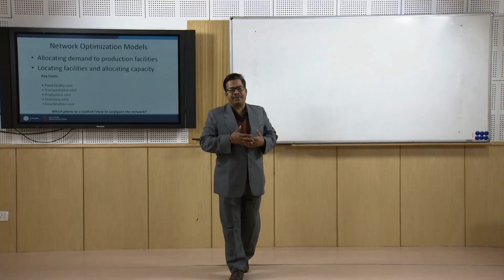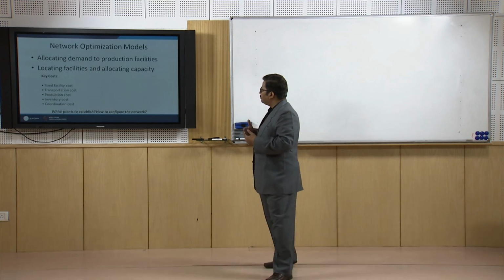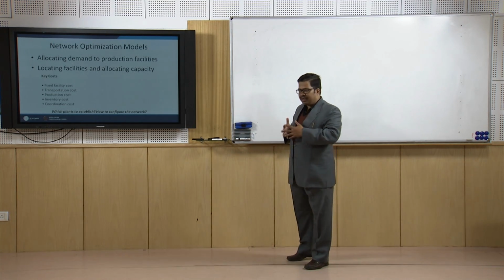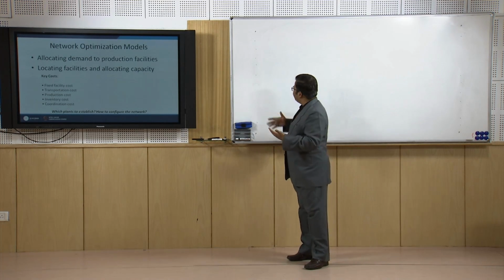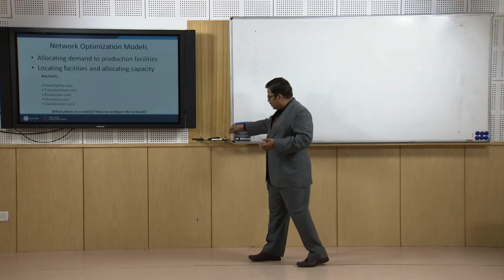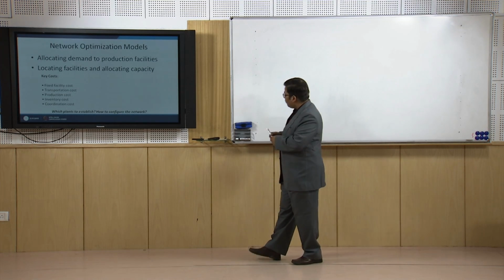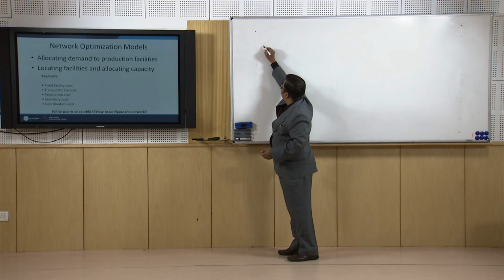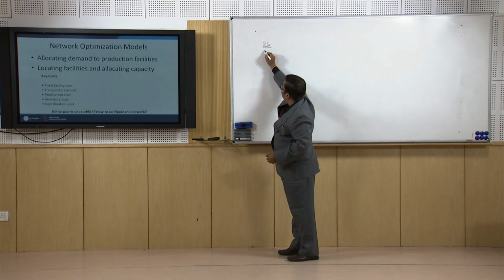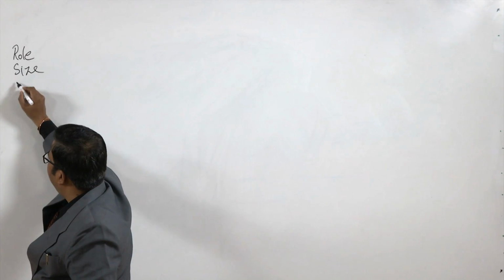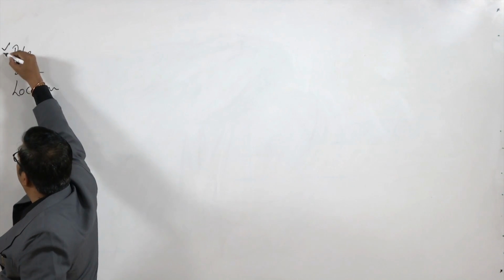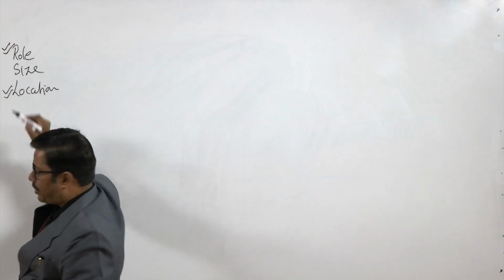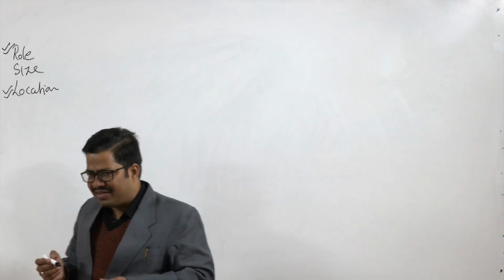Now moving further, we want to look at an interesting issue related to allocation of facilities. In the last class we were discussing three important issues. One was role, one was size, and one was location. We already discussed role and location in detail in our last session.